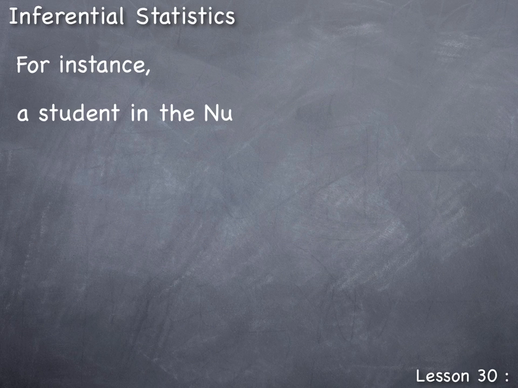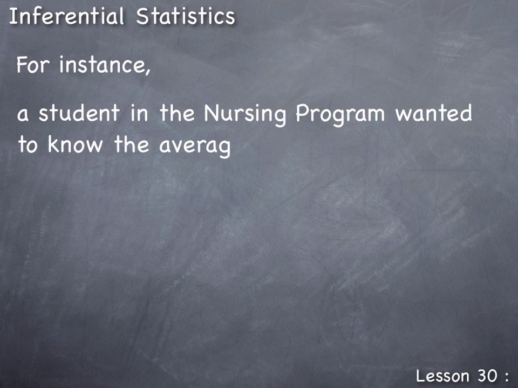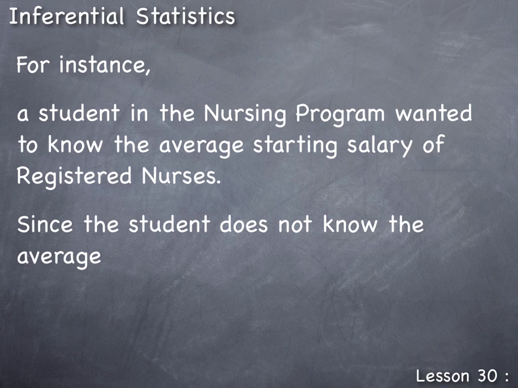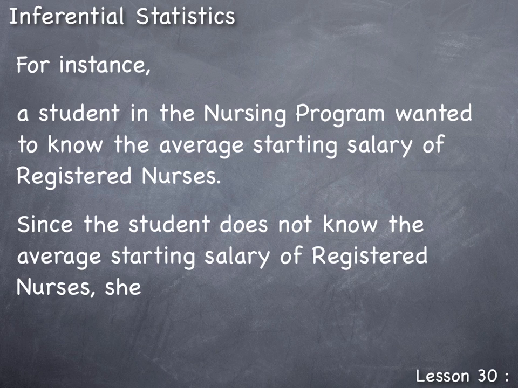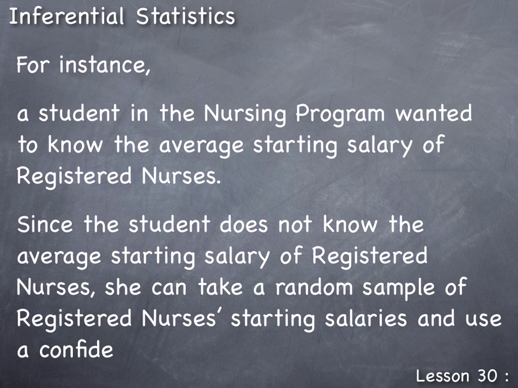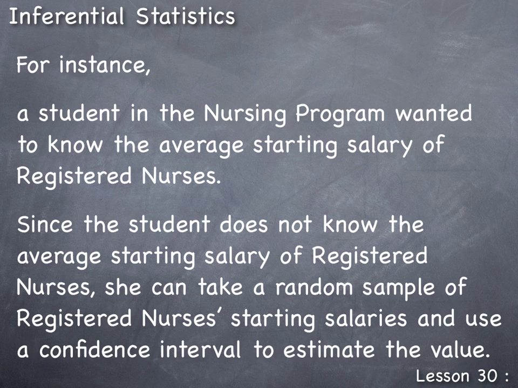For instance, a student in the nursing program wanted to know the average starting salary of registered nurses. Since the student does not know the average starting salary, she can take a random sample of registered nurses' starting salaries and use a confidence interval to estimate the value.